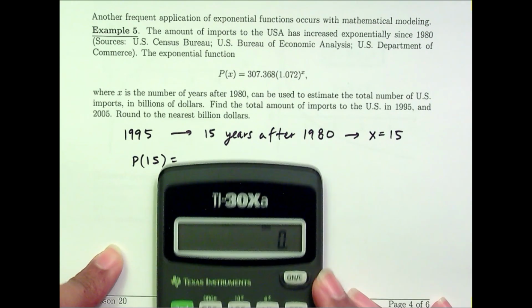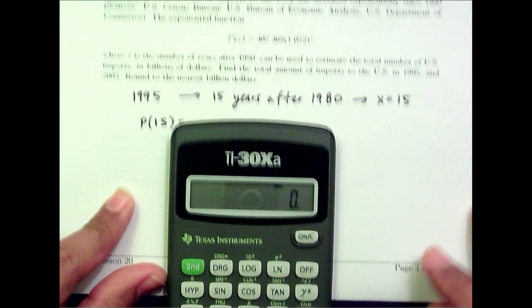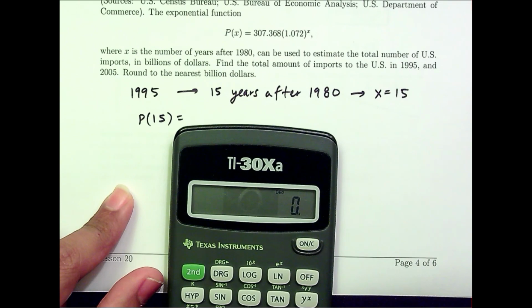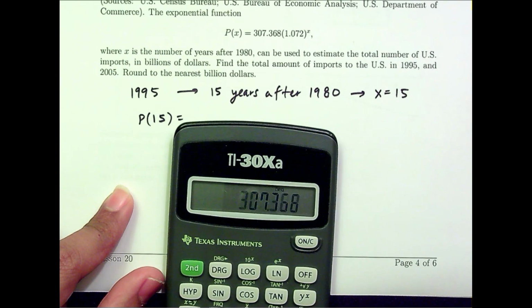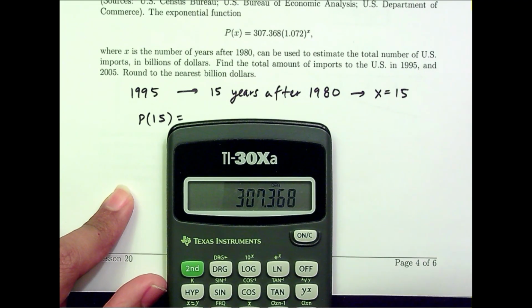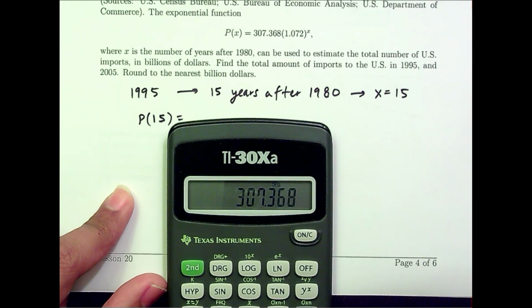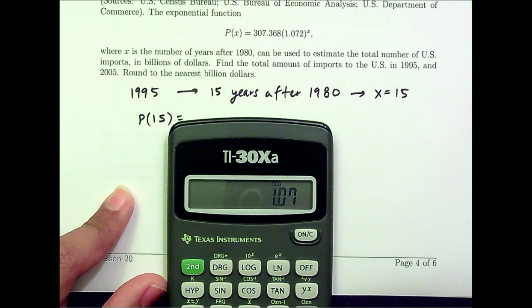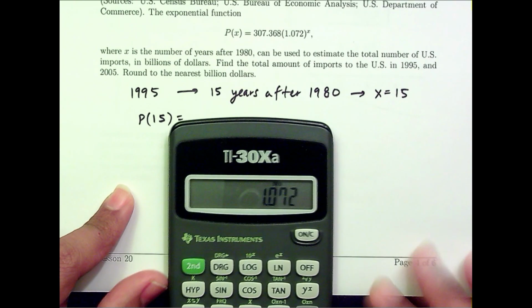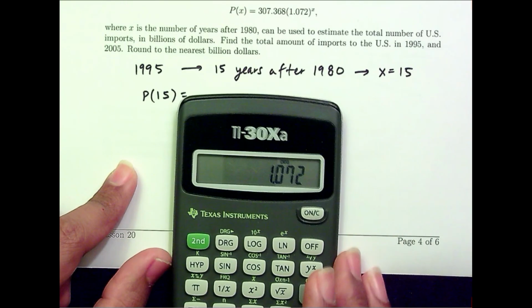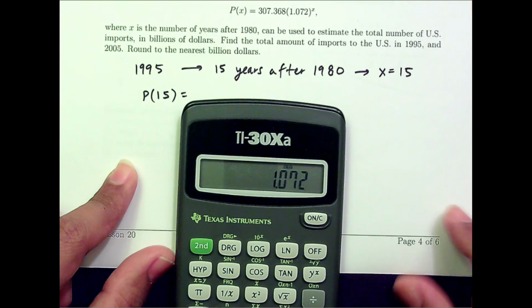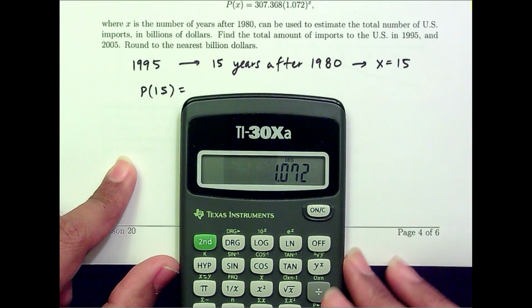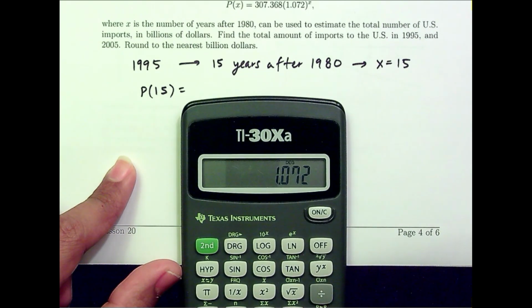So this says 307.368 times 1.072, and now I hit that with y to the x, and then I say what is my x, which is 15, y to the 15.